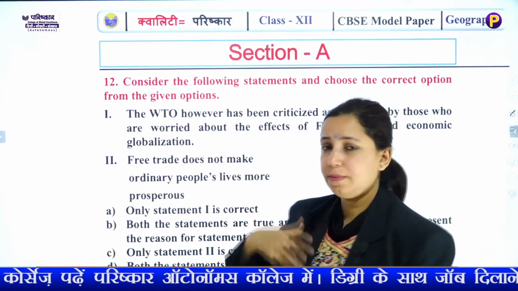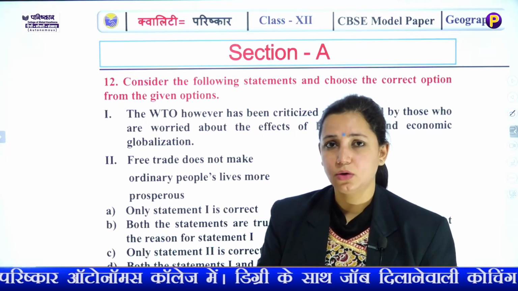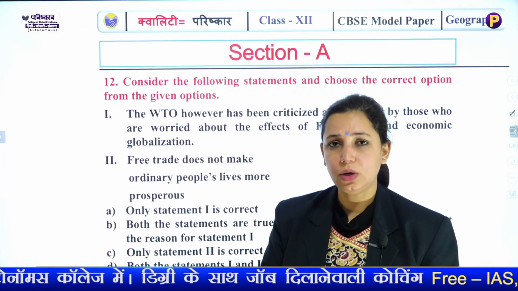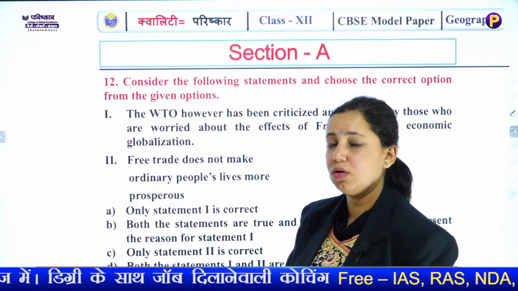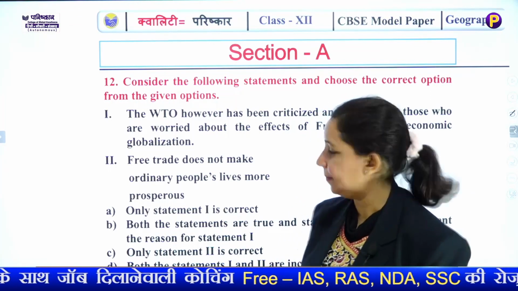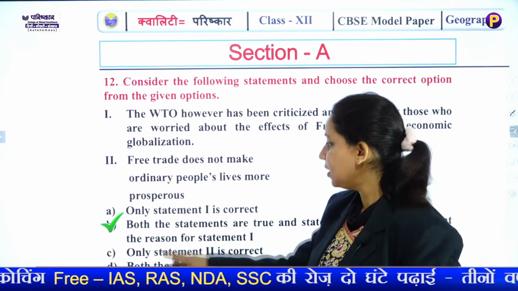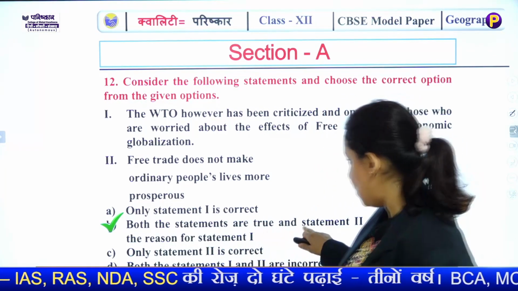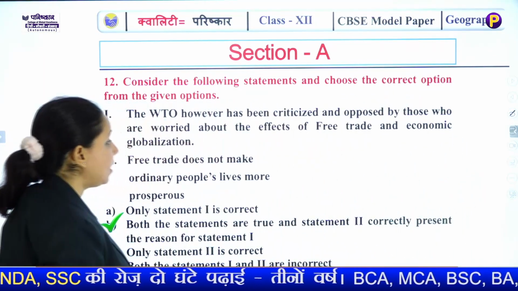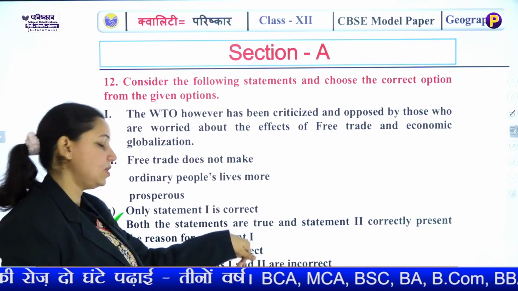If we know about the characteristics and the global scenario of the World Trade Organization, then we can solve this question very easily. So here our correct answer is B. Both the statements are true and the statement second correctly presents the reason for statement 1.